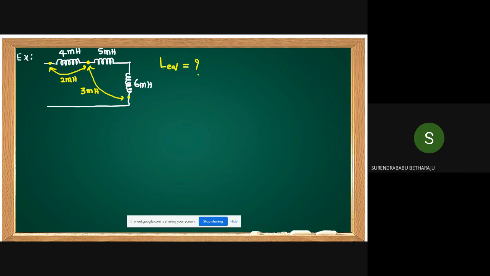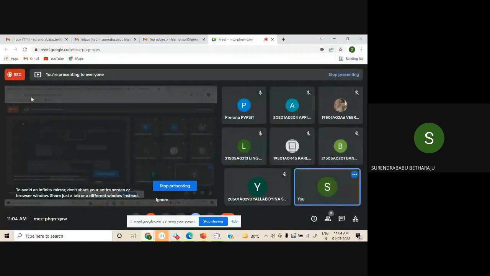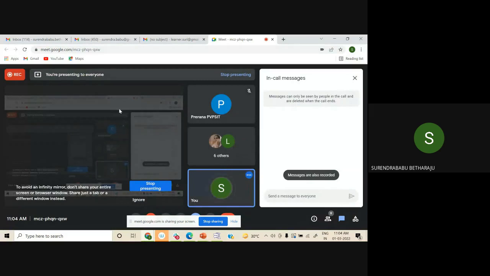Any answer? Option A, 13 millihenry. Option B, 11 millihenry. Option C, 10 millihenry. Option D, 6 millihenry.